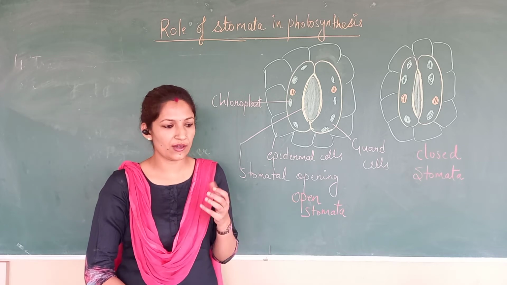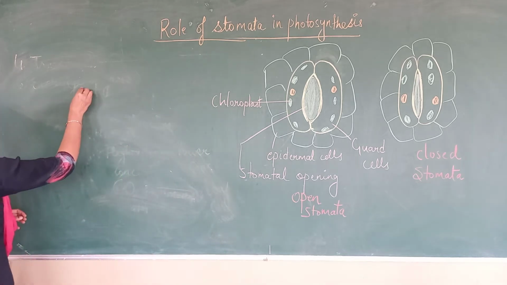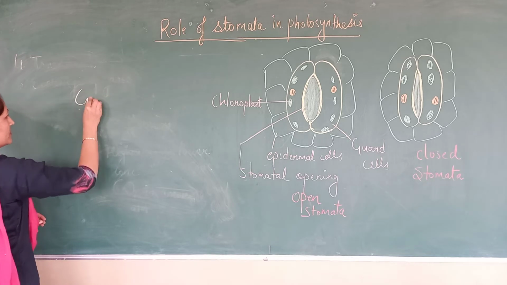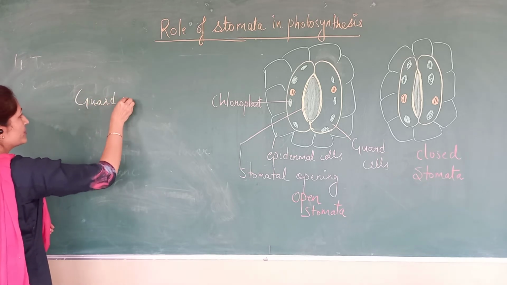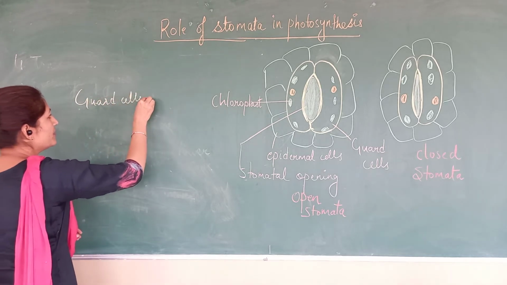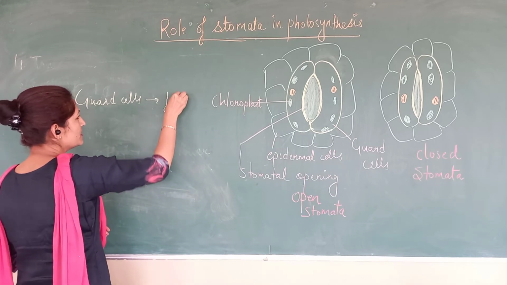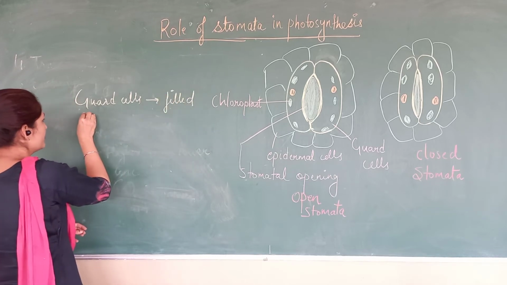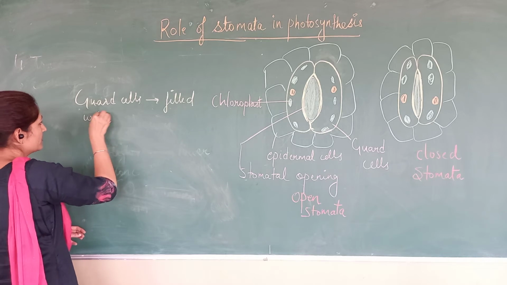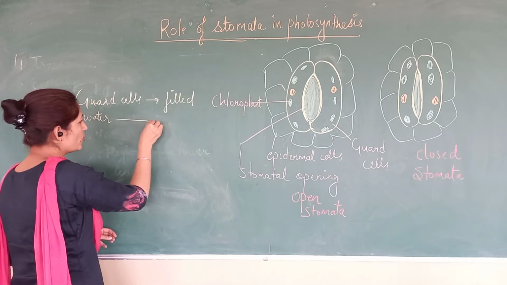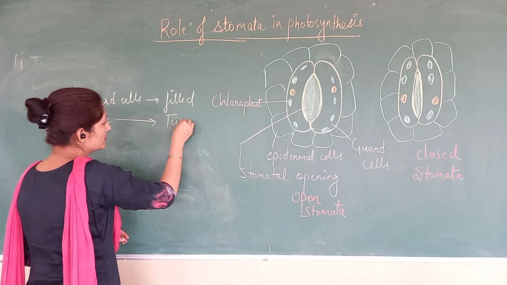We'll see how. Now, the guard cells are filled with water. ठीक है, guard cell में water fill होने वाला है, filled with water, ठीक है, and this water makes the cell turgid.